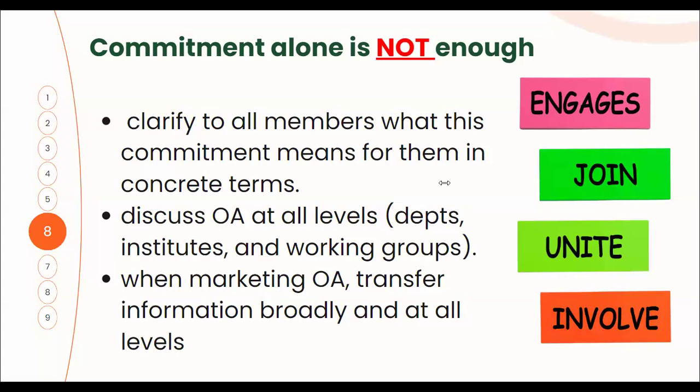And when they agree with you, or in parallel, try to reach the higher level executives like your vice chancellor, your deputy vice chancellor. Talk to them about open access, the benefits for the institution, because normally we look at what am I going to get out of this.